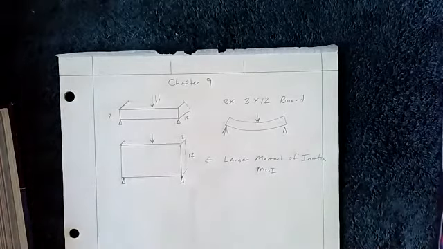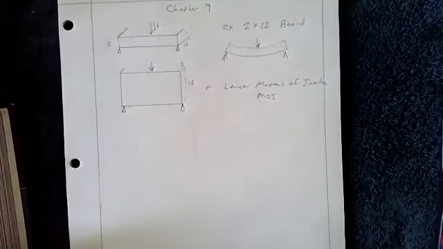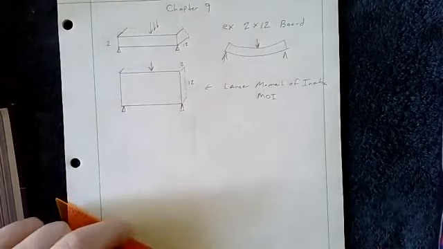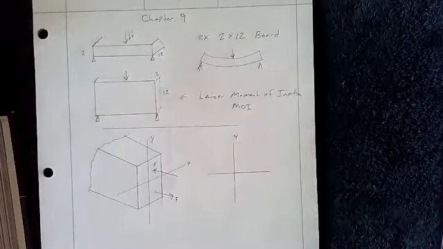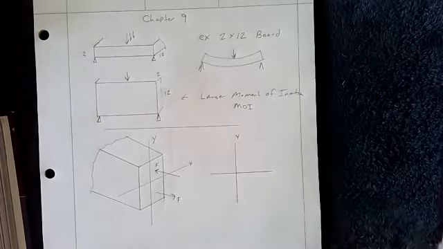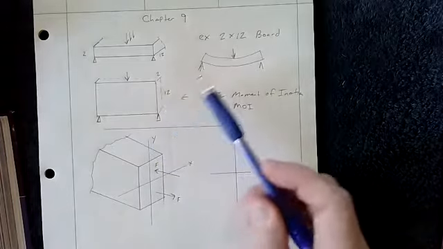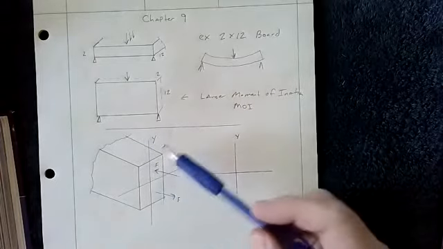All right, so let's think about what the moment of inertia is. Let's take another step, and let's say you have a board. Let me go ahead and draw that real quick. So here's our beam. Imagine I've taken a beam, kind of like the 2 by 12, but thicker, maybe 12 inches tall and 6 inches wide.